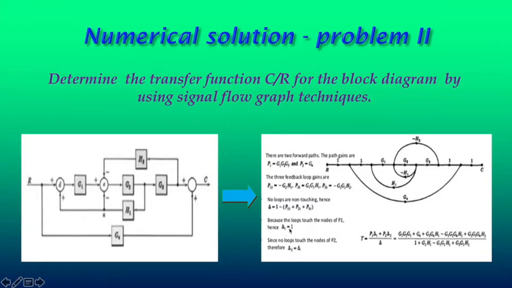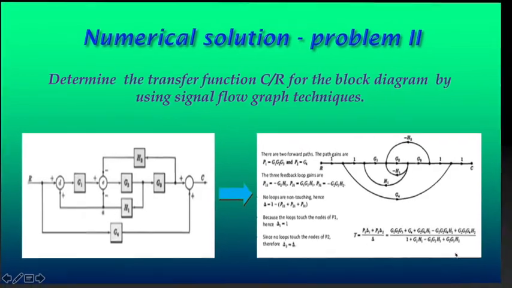Next, calculate delta 1. Delta 1 equal to 1 and delta 2 is also 1, because these two forward paths touch all three loops. So the transfer function is P1 delta 1 plus P2 delta 2 divided by delta. So this is the final answer.